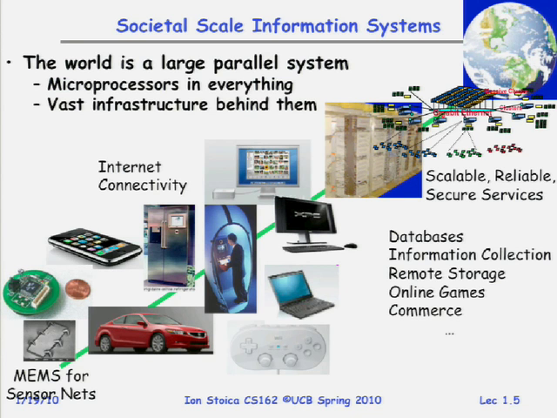Basically, this shows that you have a lot of computing devices today which range all the way from MEMS sensor networks, which you may not even be able to see with a naked eye, to data centers, the biggest of which today host hundreds of thousands of machines. Okay? So it's a huge disparity. And of course, in the middle, you see your phone, the car.